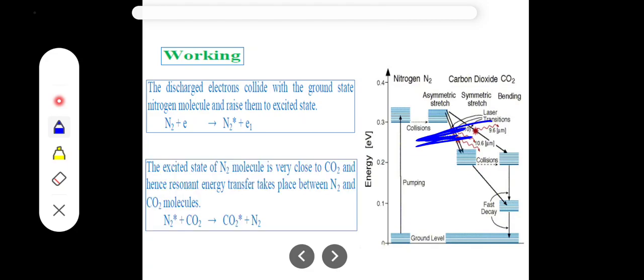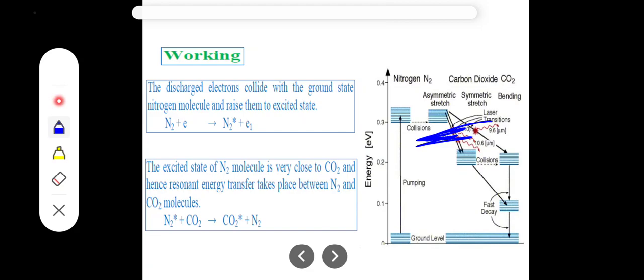The nitrogen molecules return to the ground state and the CO2 molecules are present in the excited state energy level. The CO2 atoms stay there for only a short time. From the excited state level to the metastable level is a transition, and population inversion is achieved.